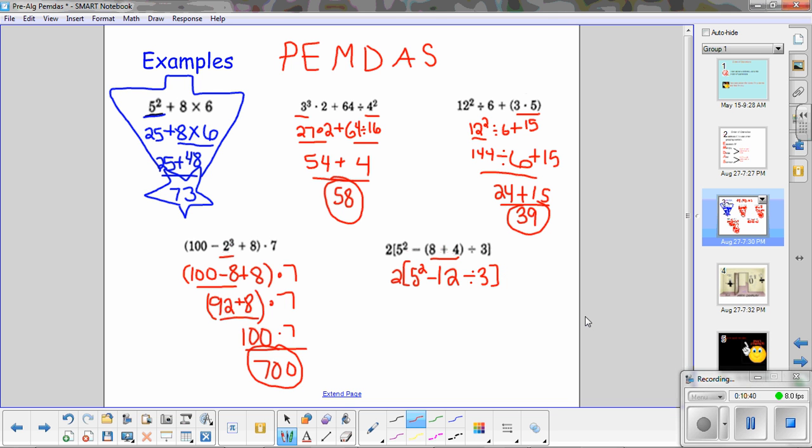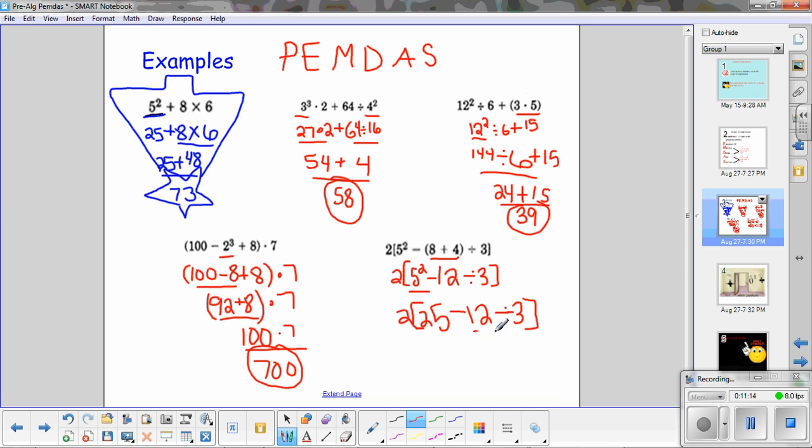All right, now inside the parentheses, the next thing that would come after the parentheses would be the exponents. 5 squared is 25 because it's 5 times 5. Now inside parentheses, we have subtraction and division.